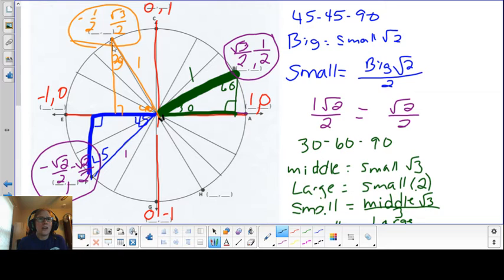So let's figure out what this one's going to be. Well, I have 90 up here, plus another 90 is 180, plus another 90 is 270. So I'm at 300 degrees there for this first one. Is this a 30 or is this a 60? Is this a variation of a 30 or a variation of a 60?